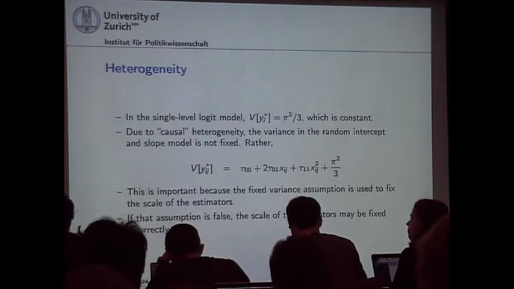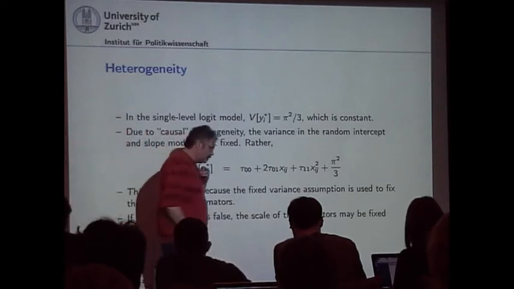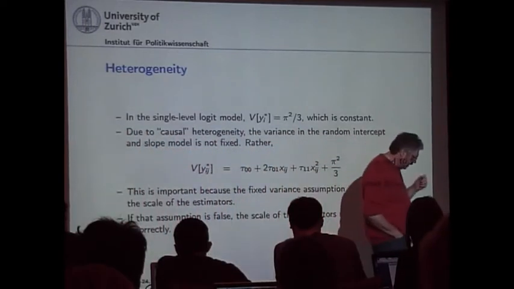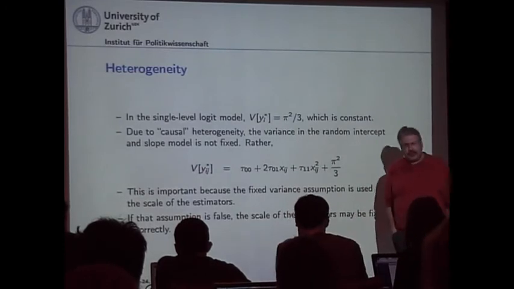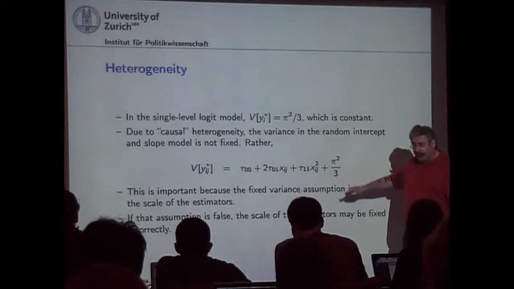But that's not true. That solves perhaps the problem with the standard errors, but not the problem with potentially messed up parameter estimates. And that's what I think does the community a great disservice by making it so easily available. If this is really the error structure, you have to worry.